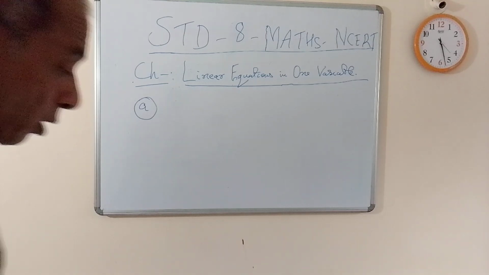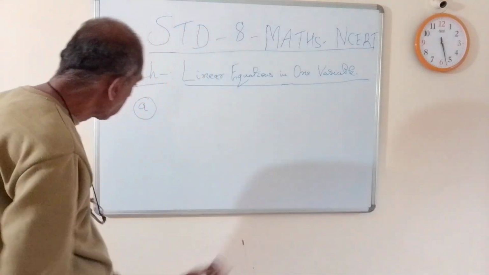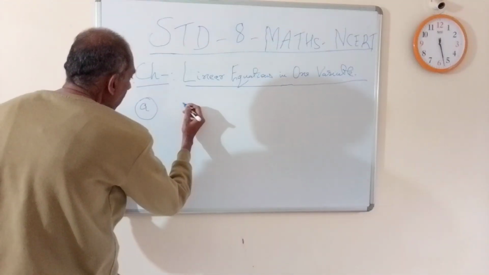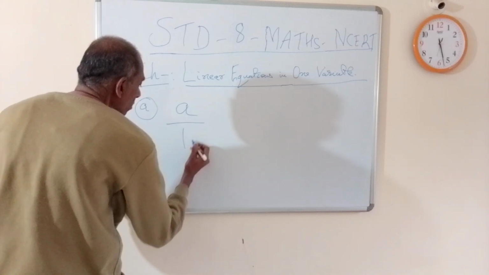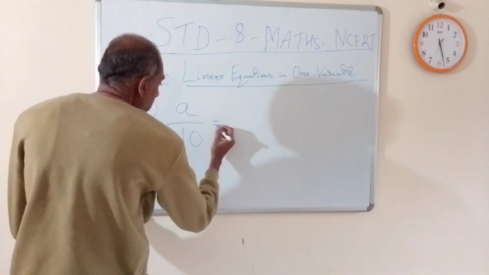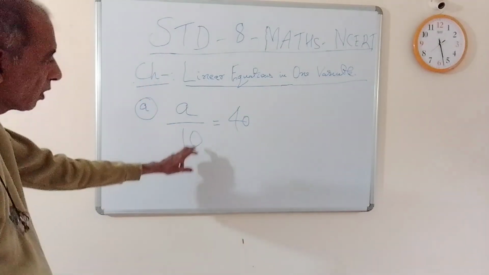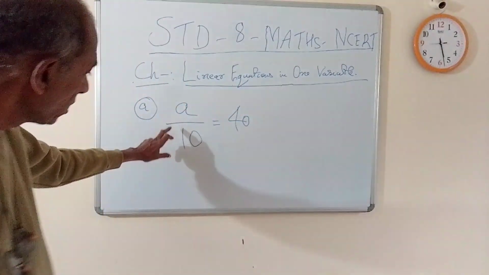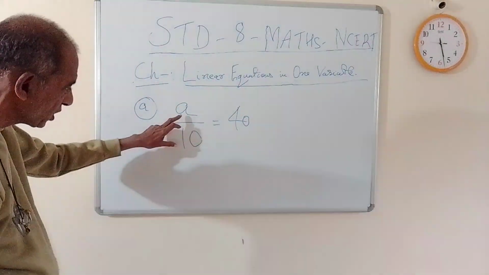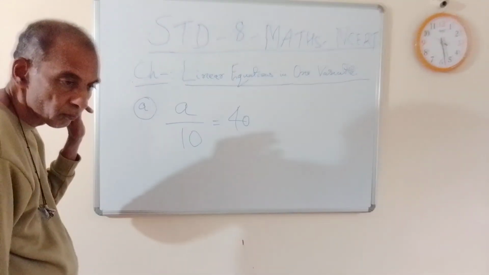Now for this, we'll take one equation, say, a divided by 10 is equal to 40. So here we have taken an equation which involves division. A divided by 10 is equal to 40. We have to find the value of A.